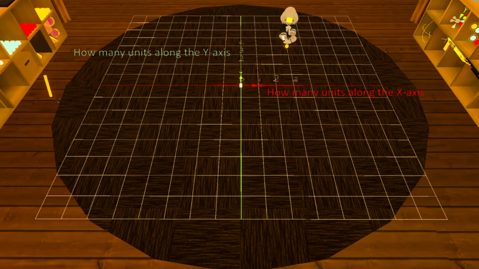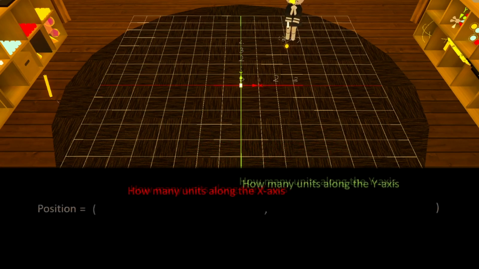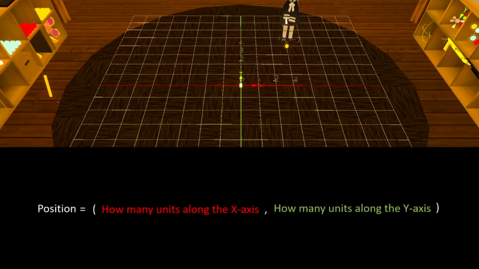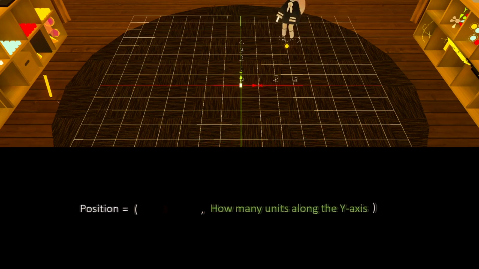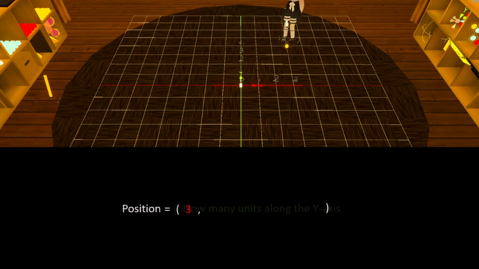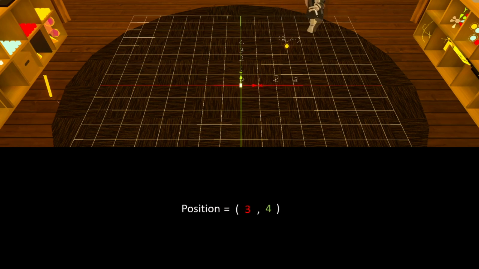So over here, we can describe this point as (3, 4). Not quite sure if it works, but yeah, over here we can describe it as x is 3, y is 4. So over here we described a point.